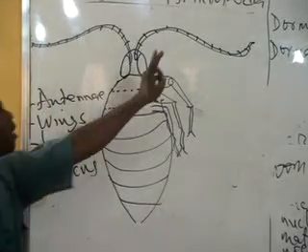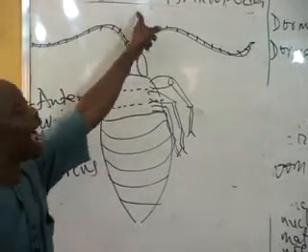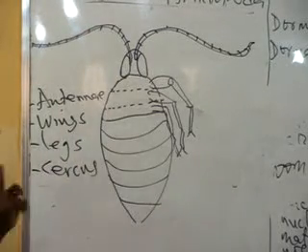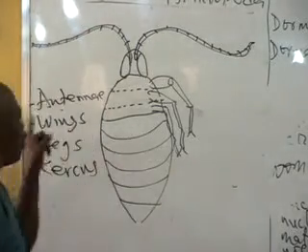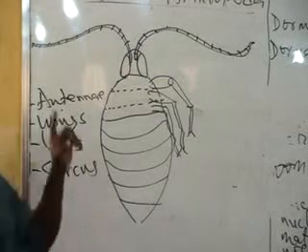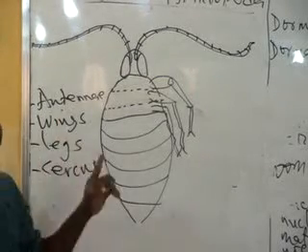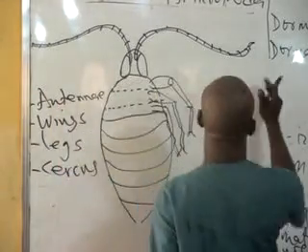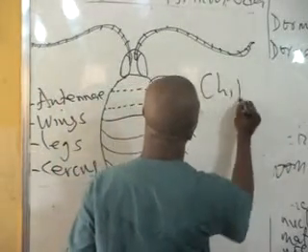Now, the first general feature is that they have a body that is metamerically segmented. The second general feature is that they have jointed appendages, and the third feature is that they have a chitinous exoskeleton.